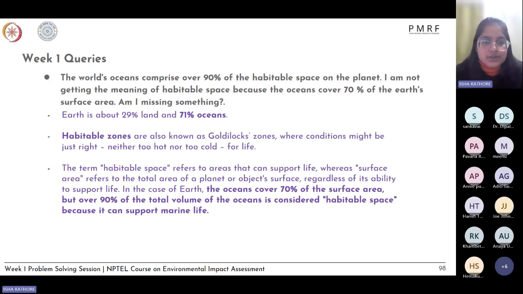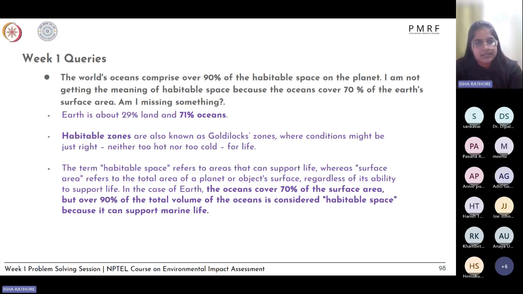So the habitable space in this figure refers to areas that can support life, whereas surface area refers to the total area of a planet or object's surface, regardless of its ability to support life. In the case of Earth, the ocean covers 70% or 71% of the surface area, but over 90% of the habitable space, or the total volume of ocean, is considered habitable space where it can support marine life.